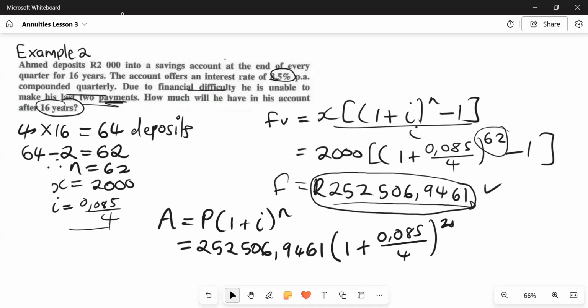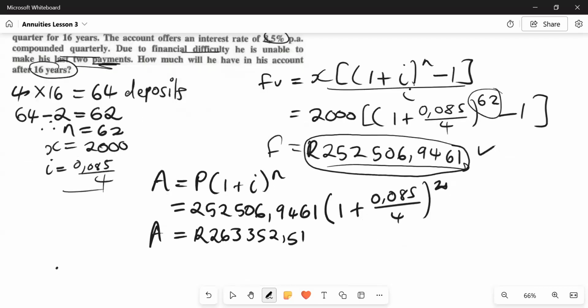So we use 2 there for the last two payments. And then for A, we get 263,352, right?